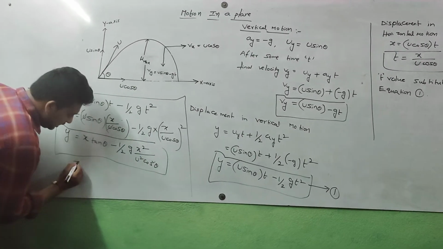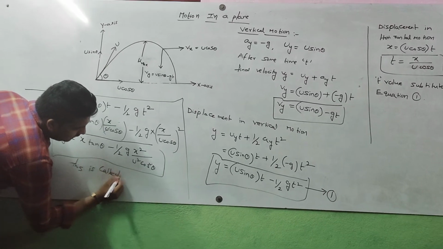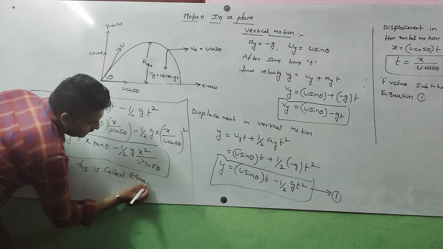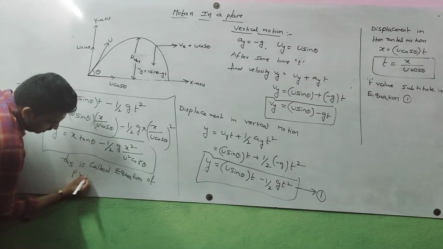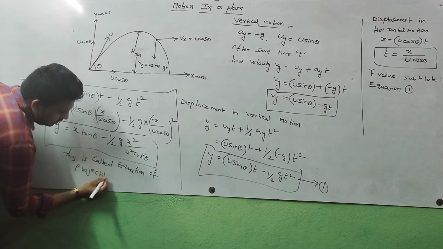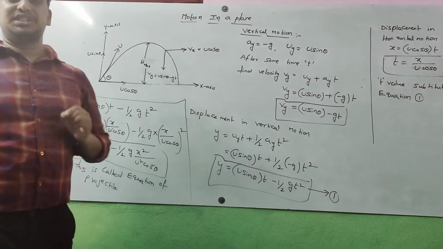This is called the equation of projectile. So what is the equation of projectile in case of oblique projection?